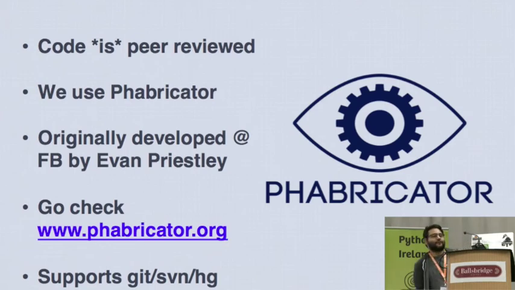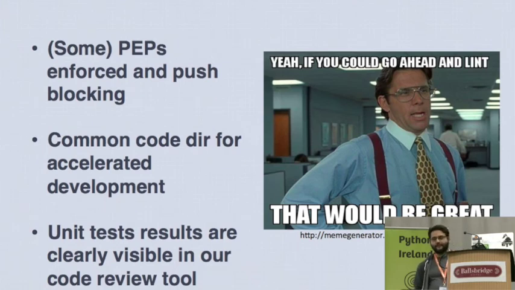We do kind of enforce some of the PEPs, and basically they are push blocking. So that means that if you don't pass all of the required PEPs, you can't push code to the remote repo. And we encourage people that if you've written some library that you think might be helpful for other teams, store it in a specific common directory to share your libraries with other people.